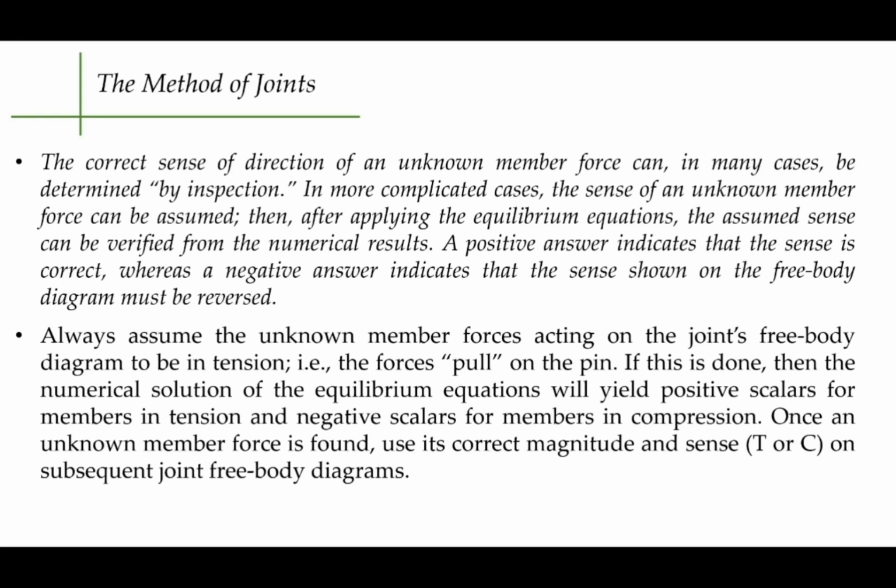Your assumption that that force is tension is wrong, meaning that the correct direction for that force is towards the joint, not away from the joint. Now, once a member force is found, use its correct magnitude and sense on subsequent joint free body diagrams.